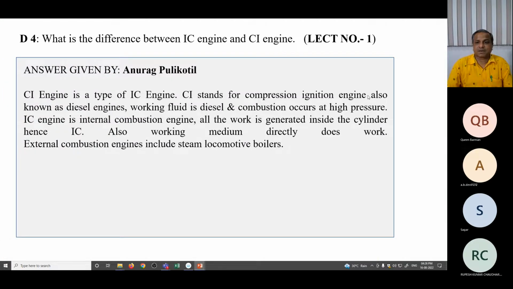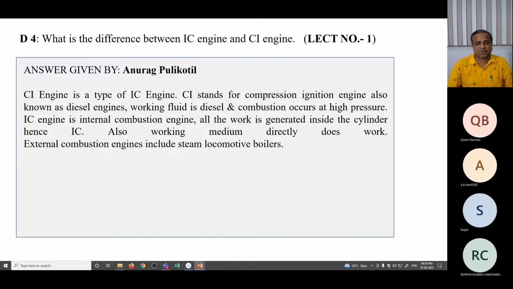Next question was, somewhere in lecture number 1 we might have used the word IC engines or CI engines. In fact, it was answered by Mr. Anurag. Thank you for these answers. We all know that IC engine is internal combustion engine.